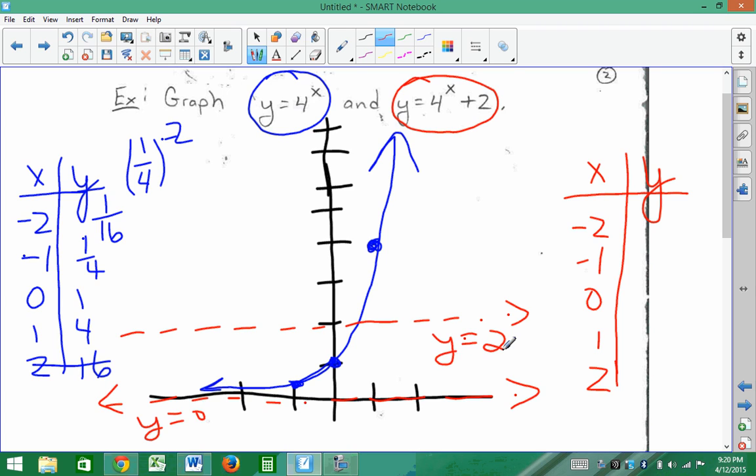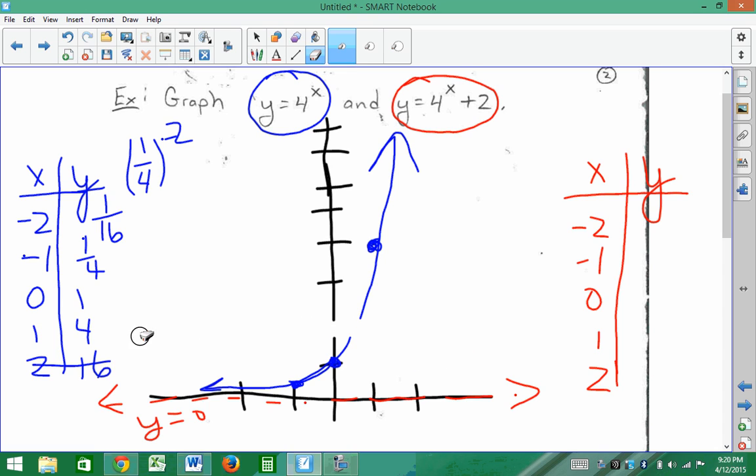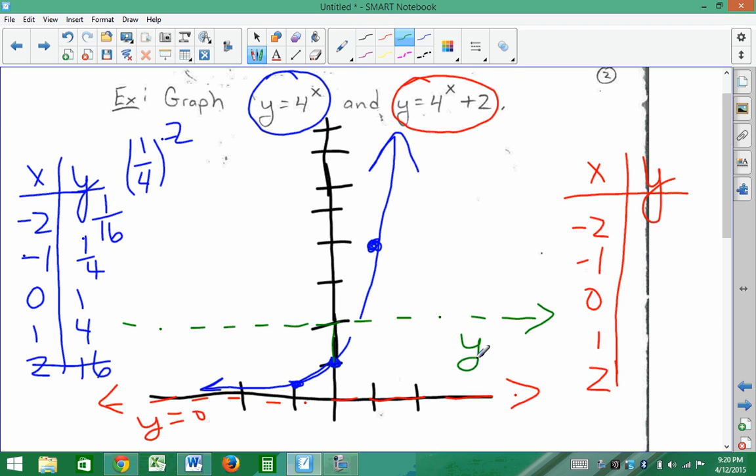So my point that is at, actually let me make that a different color. Let me make that horizontal asymptote green, since I'll be putting the graph in red. Okay, so again, we have a horizontal asymptote at y equals 2.